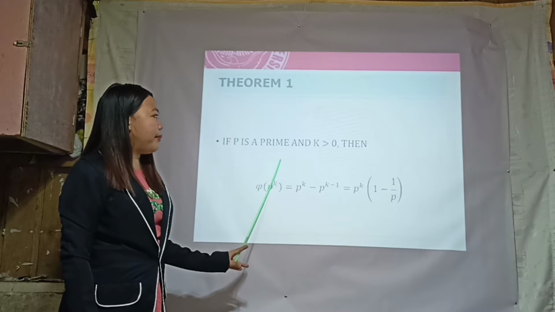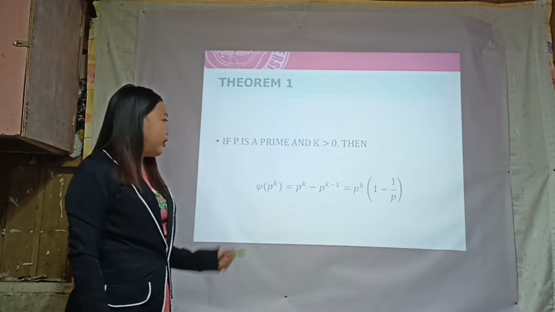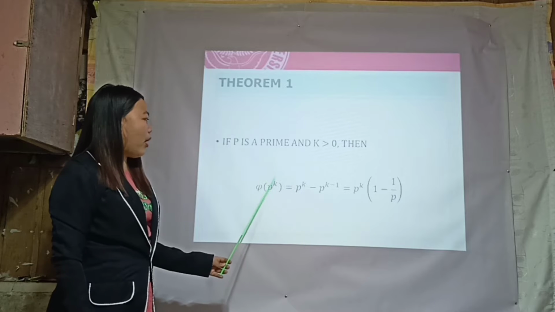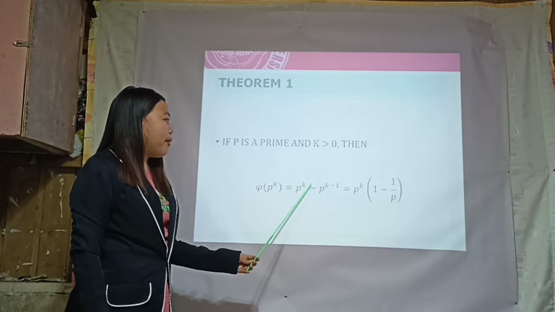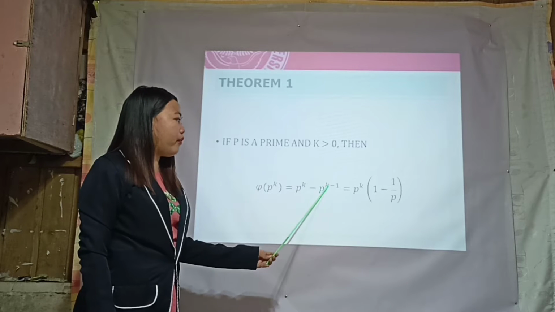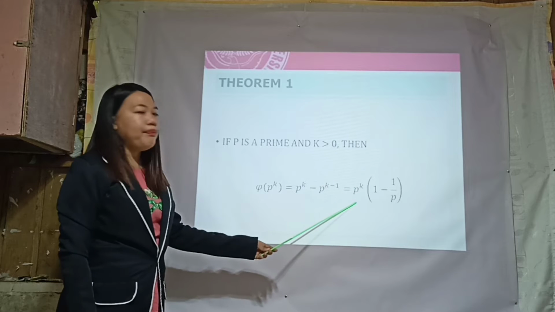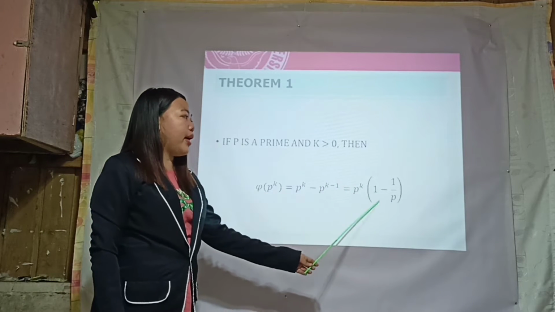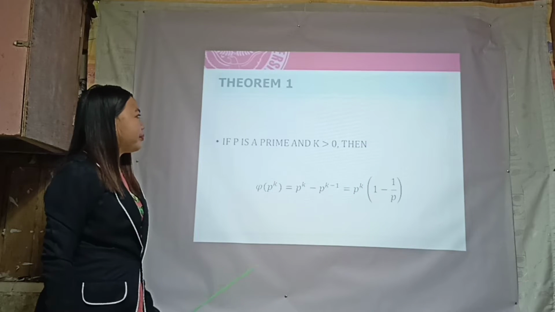If p is a prime and k is greater than 0, then phi of p raised to the power of k is equal to p raised to the power of k minus p raised to the power of k minus 1, which is equal to p raised to the power of k times 1 minus 1 over p.